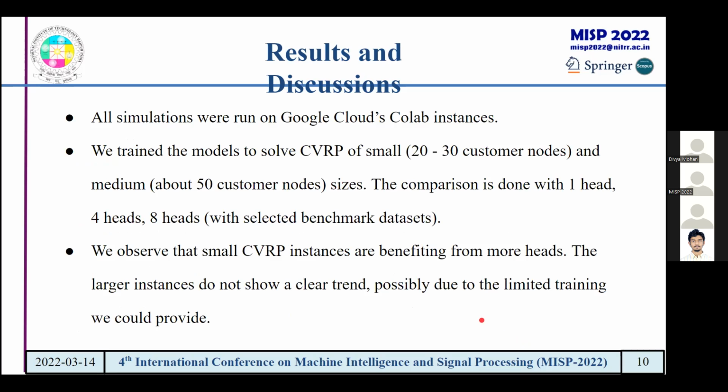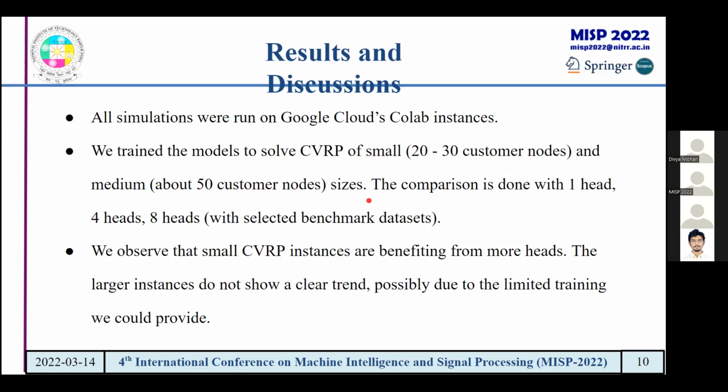Now to conclude, all these simulations were run on Google's Colab notebooks, and what we mean by small instance is 20 to 30 customer nodes, and medium is about 50 customer nodes. Actually, we planned on running with large customer nodes, 100 or 200 nodes, but it takes a really long time to even complete one epoch.